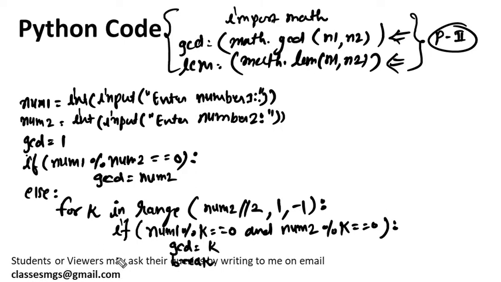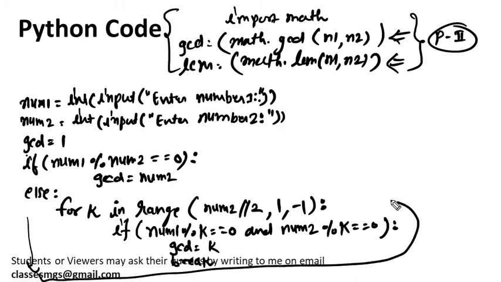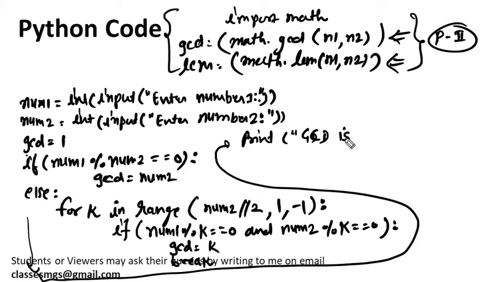And you can directly print. I am writing this for loop, and the else condition is also here. Now I am writing the remaining program. So you can print the GCD. GCD is, you can print it here.